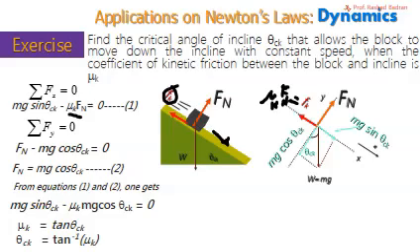So to keep it moving with a constant speed, Fk here is less than the corresponding force, Fs maximum, in the previous case, that keeps the balance with mg sine theta. That's why here the critical angle is less than that of the previous part of the exercise.